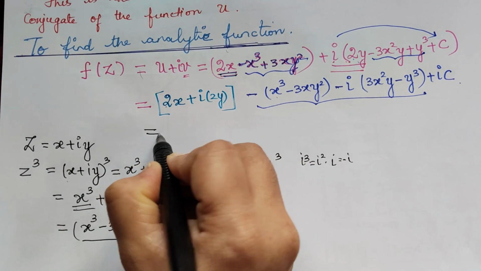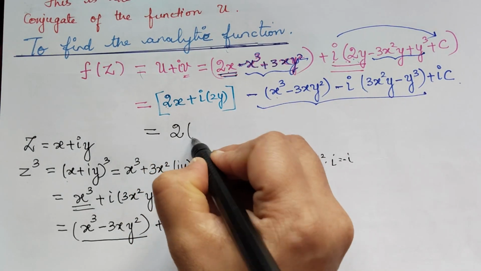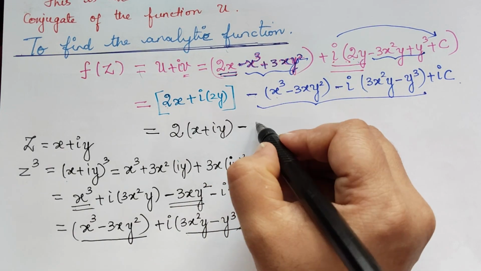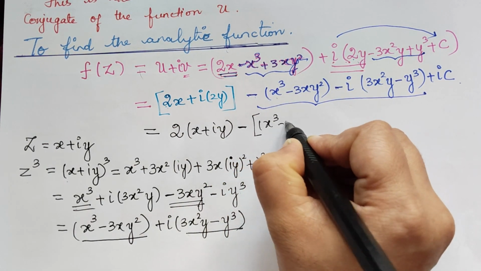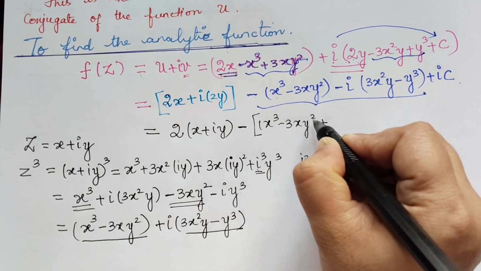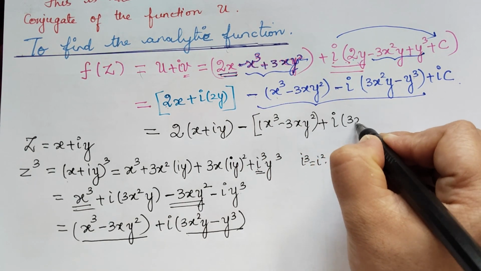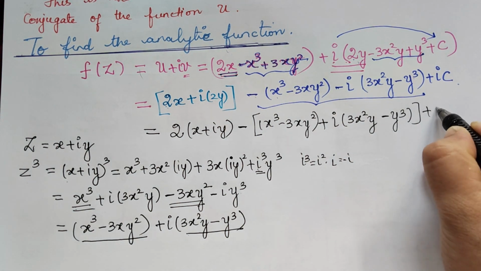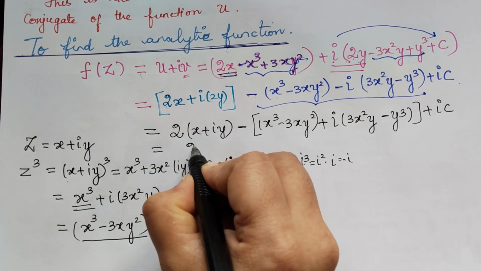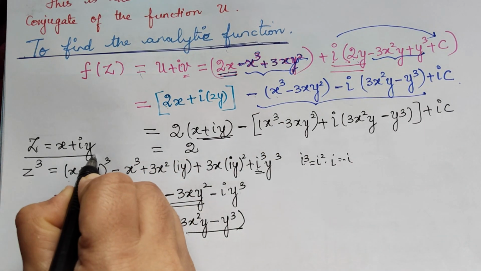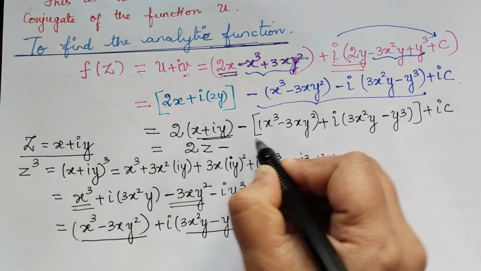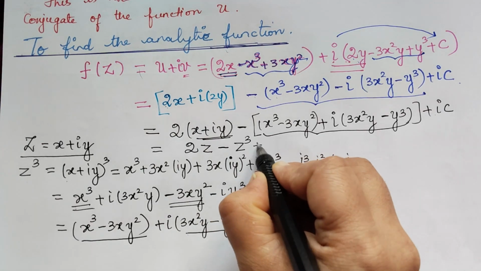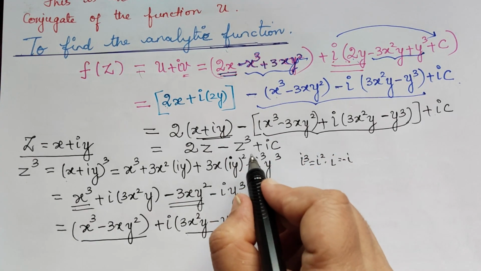So therefore, this 2 we can take in common and we will be having x plus iy, and here this minus can be taken in common and we will be having x cube minus 3xy square plus i multiplied with 3x square y minus y cube, and plus ic. So therefore this will be equal to 2, and what is x plus iy? It is equal to z. So 2z minus, and this whole term can be replaced as z cube, and then plus ic. So this is what we obtain.